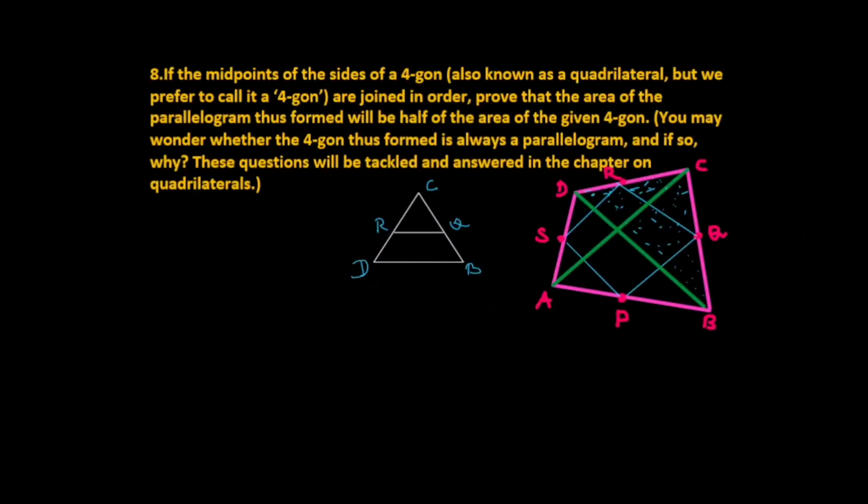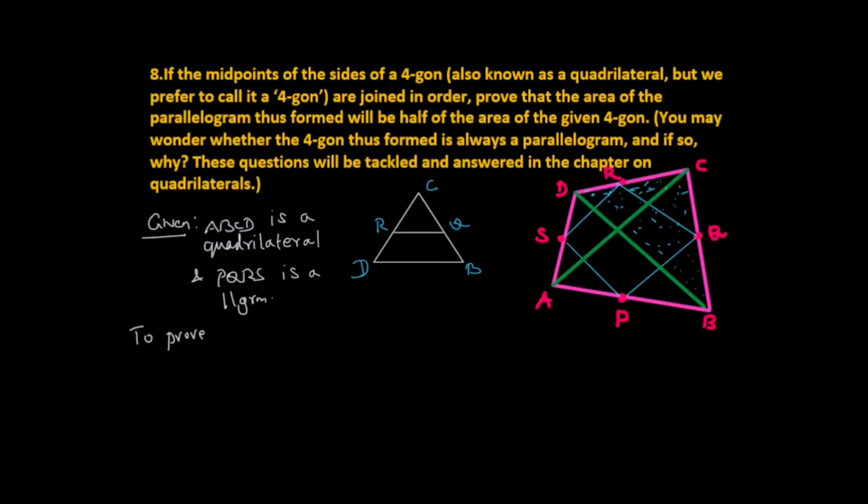Now what is given here? Given: ABCD is a quadrilateral and PQRS is a parallelogram. And what to prove?